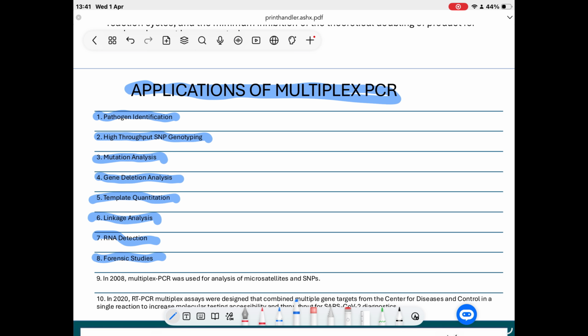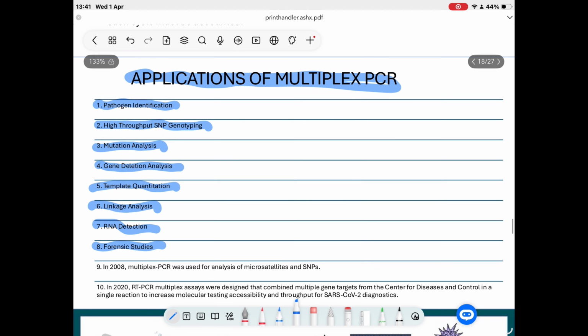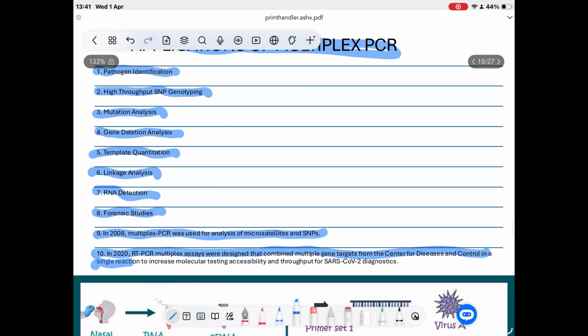It covers almost every major field of molecular biology. It anchors this with two critical timeline notes. In 2008, multiplex PCR was used for analysis of microsatellites in SNPs, and significantly, in 2020, RT-PCR multiplex assays were designed that combined multiple gene targets from the Centers for Disease Control.